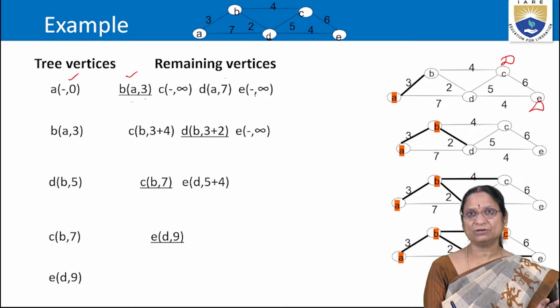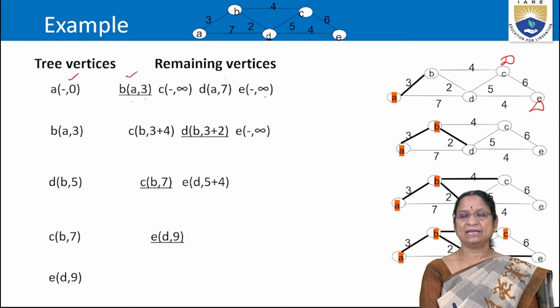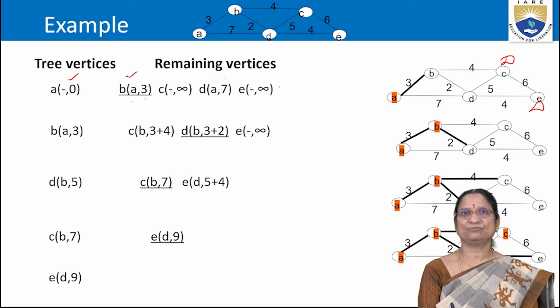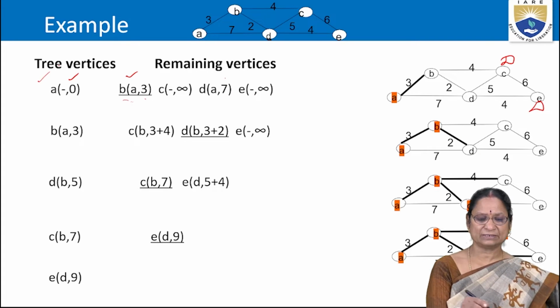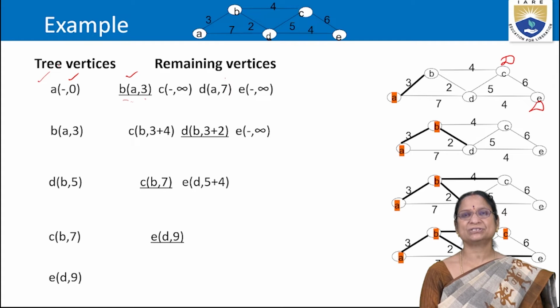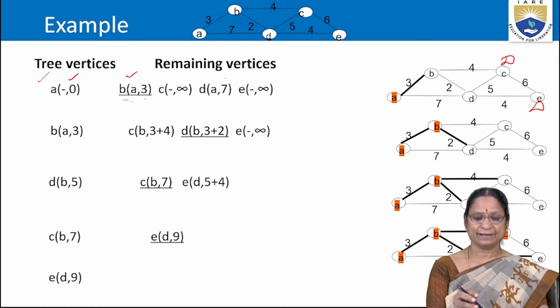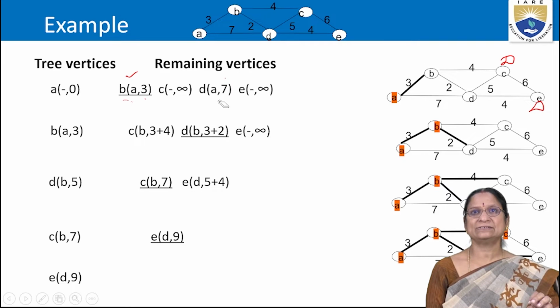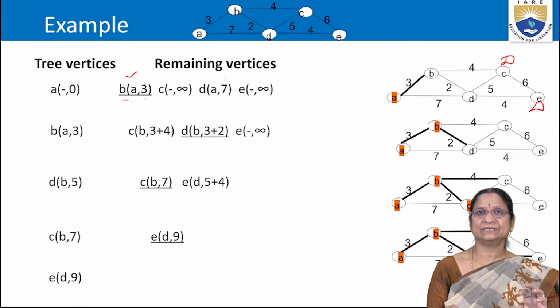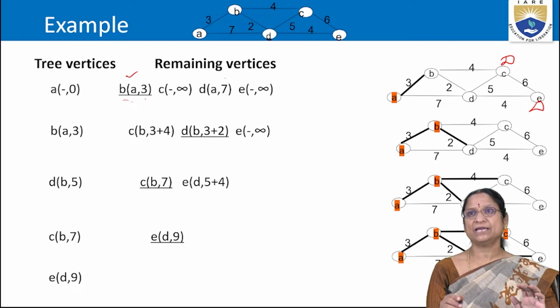And E is not reachable through any parent, so initially it is infinity. These are all the remaining vertices. Only one vertex is included in my shortest path now, which is A. From A I found the distances to the directly connected vertices, with edges directly connected from A to B and D.